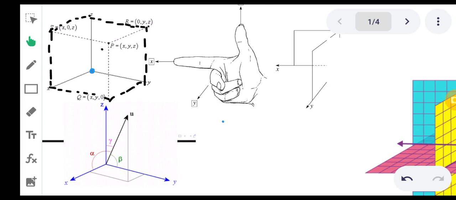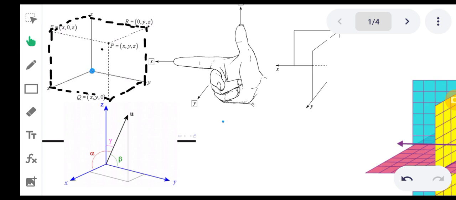It is like a three-dimensional space. It shows how we can locate the x, y and z axes even naturally using our hand.